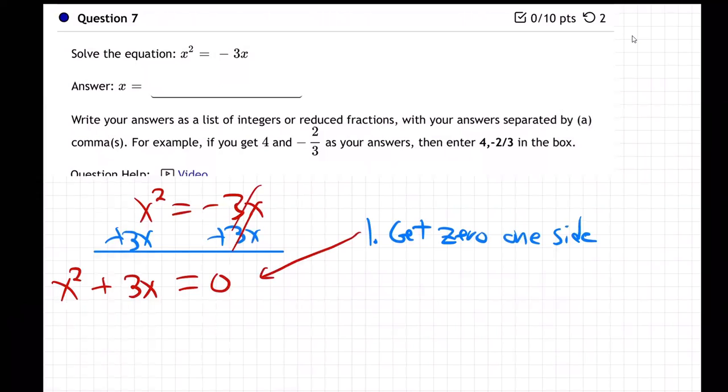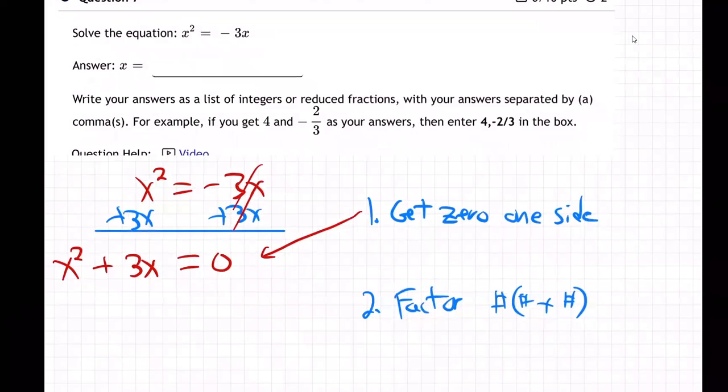So there we go. And then step 2 is we factor. Meaning like with a number in the front and the parentheses, and the 2 numbers on the inside. We factor it because we have to have it multiplied. So to factor it, I'm going to take out the x that they have in common.